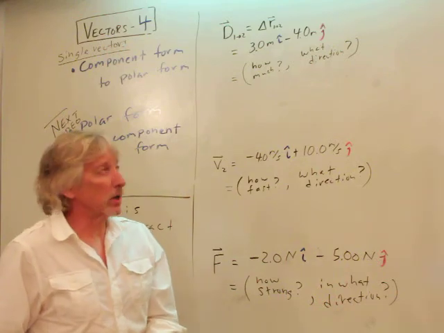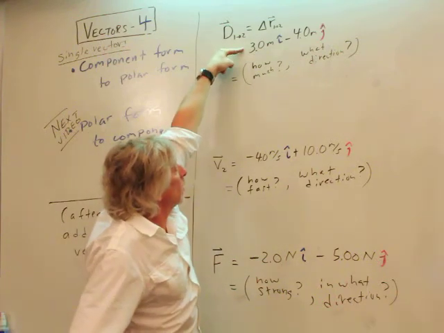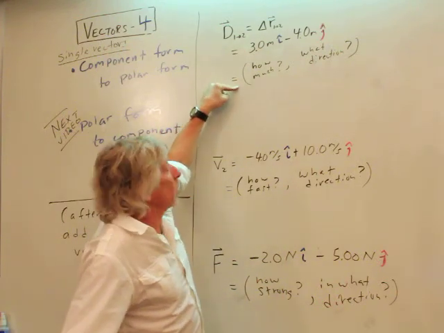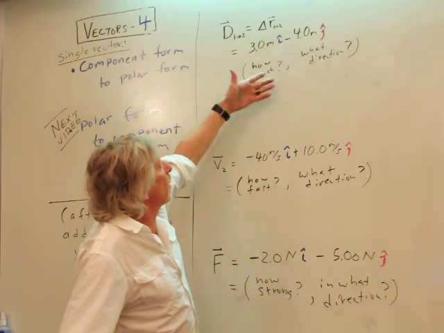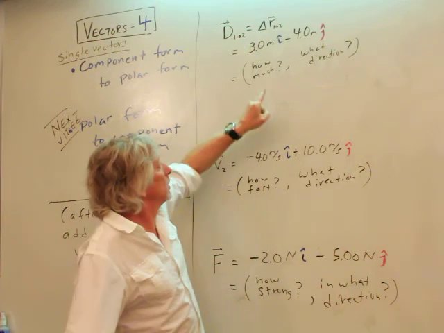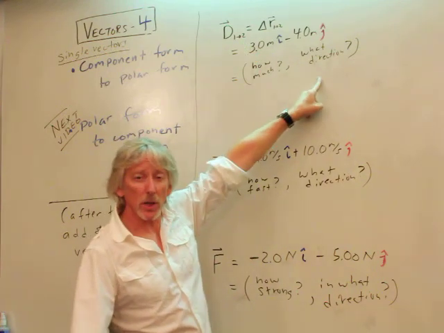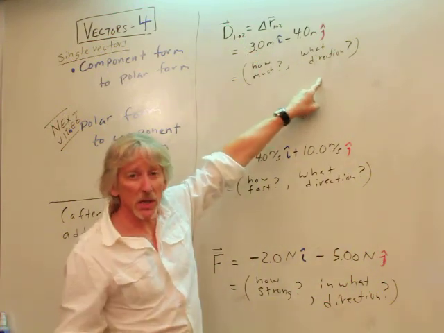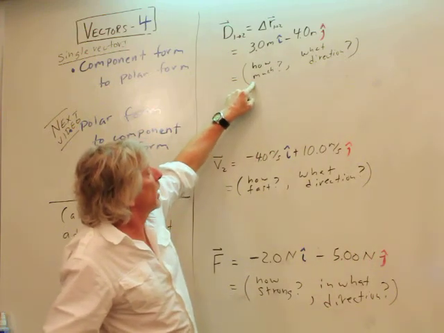And the question I want to know, this is component form, I wanted to get it into polar form. That is, how far away from 1 is 2, and in what direction? I don't know what the path was, but the displacement straight from 1 to 2, how much and what way.